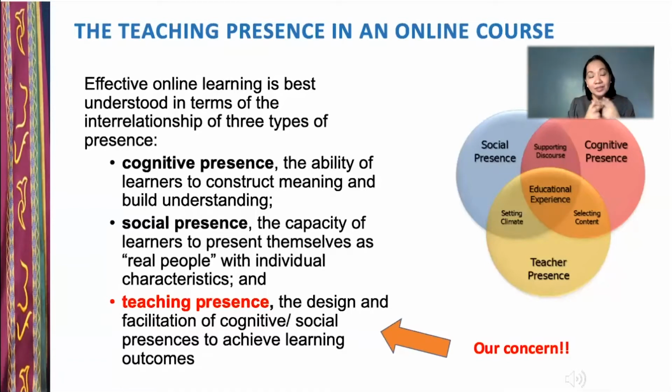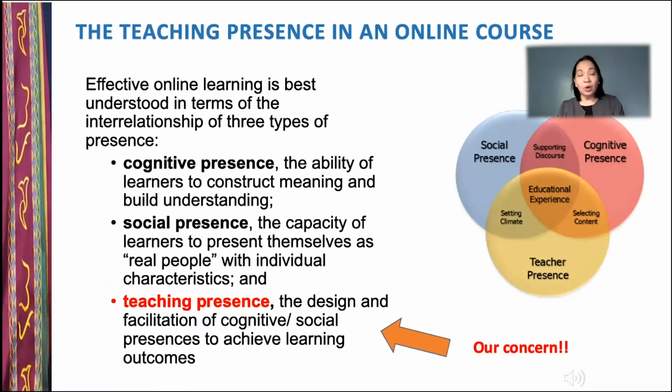So when we talk of teaching presence, we are also referring to how we design the cognitive presence. Because as we said, it is on the part of the students, the social presence also on the part of the students, but it is for us teachers to make sure that our learners will be able to have this cognitive and social presence.